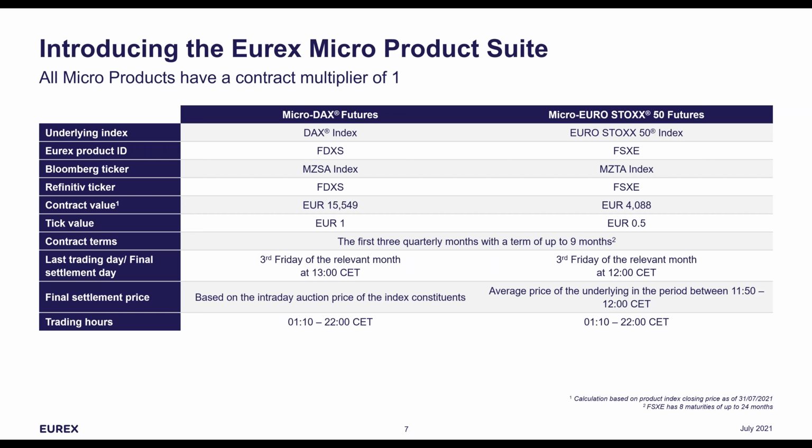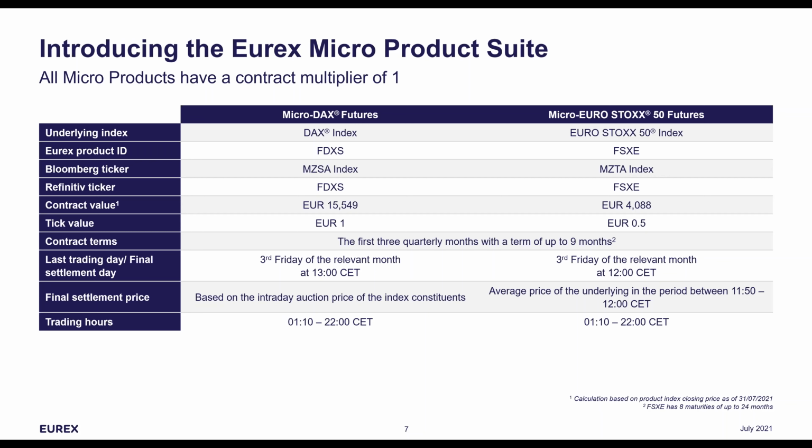I mean, as said, it's a standard futures contract with 3 available expiries. It's the quarterly expiries, March, June, September, and December, and it expires every 3rd Friday of the respective months. DAX expires at 1 p.m. Central European time, and Euro STOXX expires at noon, 12 p.m. Central European time.